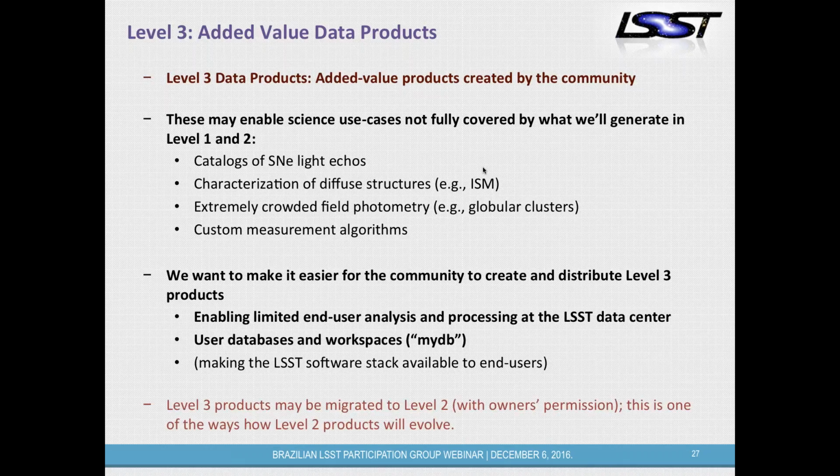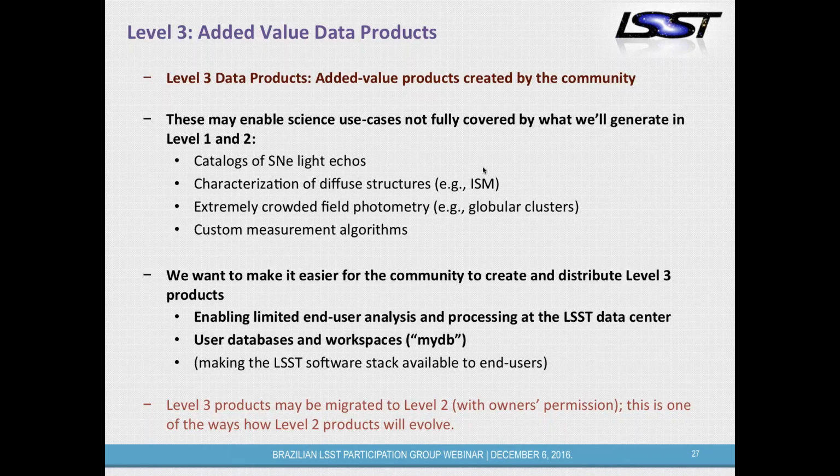And another thing that we envision happening with level 3 is, if there are level 3 products that turn out to be very interesting to the broader community, and if the owner agrees, then LSST in its operations may adopt them and start producing those, and essentially add the particular level 3 data product to level 2.